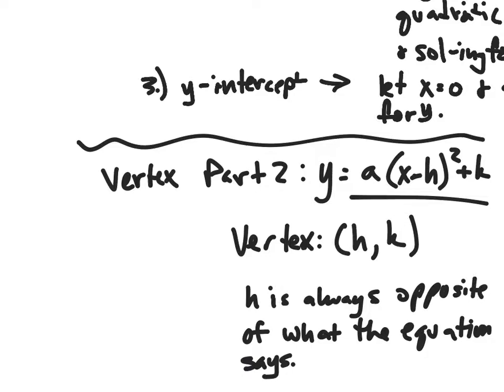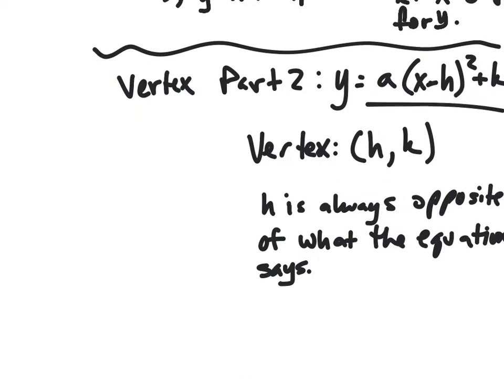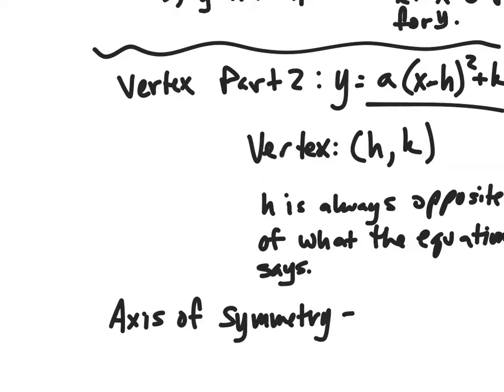Now, the other thing that's nice about the vertex is that it gives us our axis of symmetry. The axis of symmetry is simply the x value of the vertex.